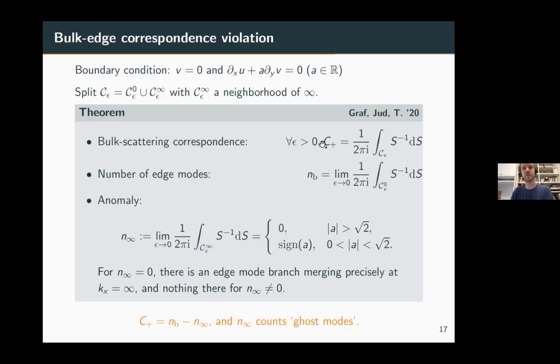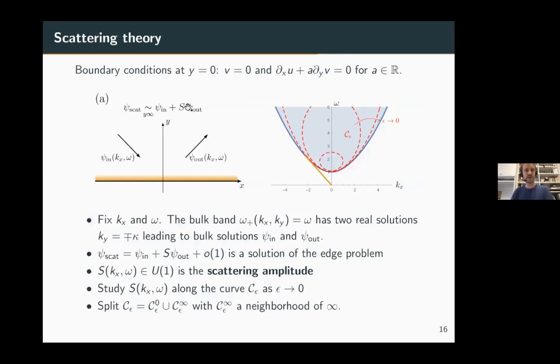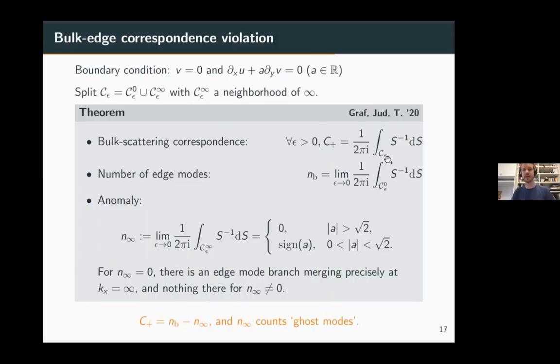And this gives you precisely the Chern number of the bulk problem. So one way to see that is, this relates two sections from the bulk, so it's a transition function. Anyway, this winding number along any C epsilon curve gives you the Chern number. So you have the bulk information with the scattering amplitude.